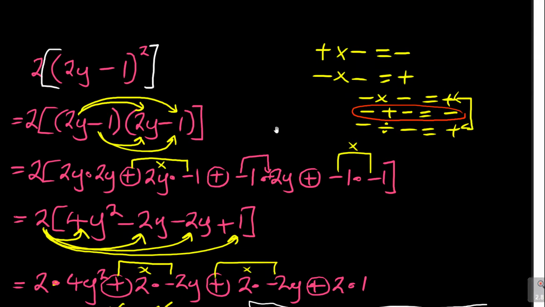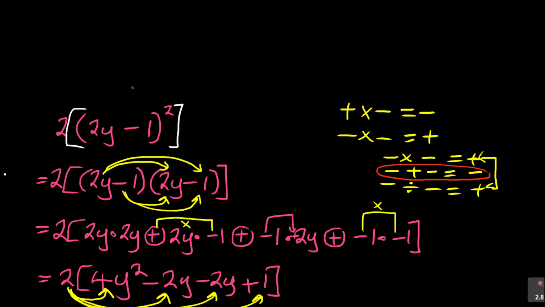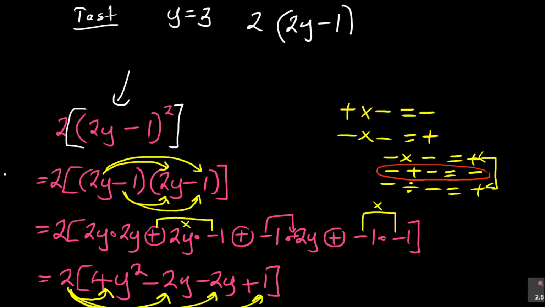Alright, keep that answer. You come back again. Remember you said y is 3. You come to the original, because you are also testing that. The original was 2y minus 1, squared.